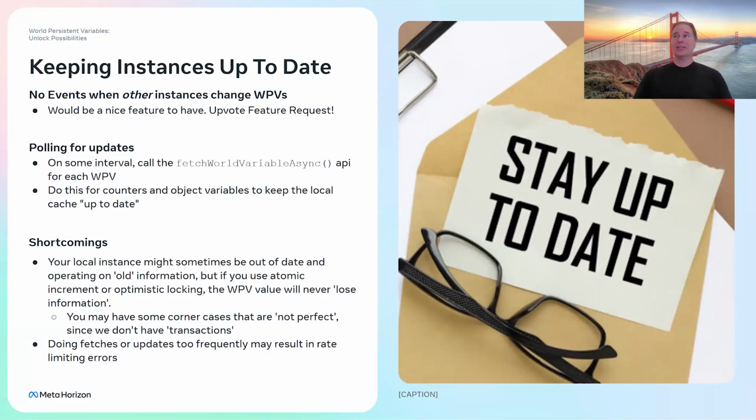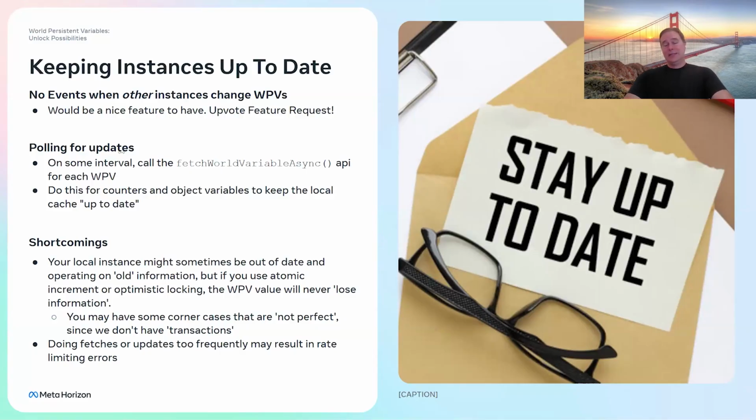It would be nice if there was an event that got sent automatically, saying, hey, this world variable changed, so that you could then fetch the new value and know that you were close to up to date with the latest value. So maybe upvote a feature request on having some sort of new broadcast event when WPVs change. That would be nice.